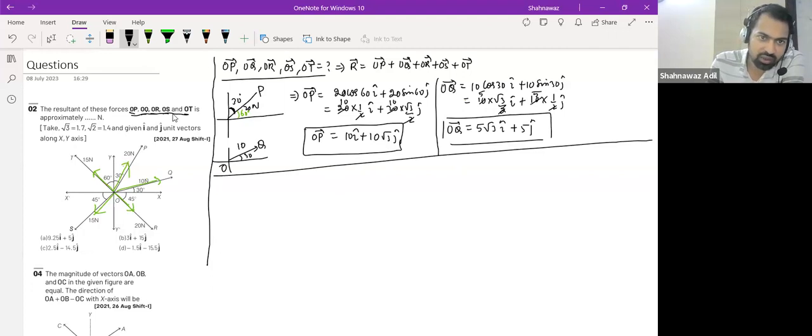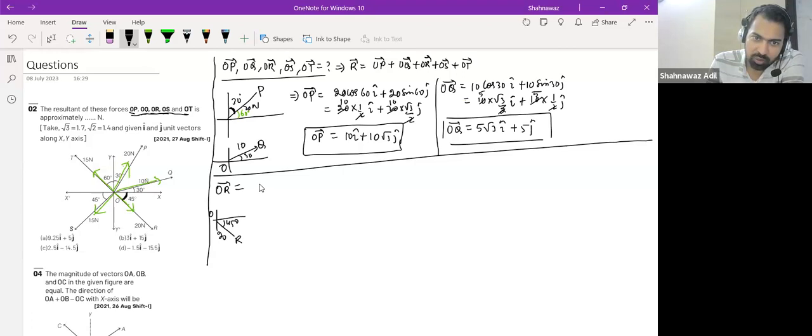Now we need to calculate OR. Where is OR? For OR, the angle with the horizontal is 45 degrees, and the magnitude is 20.